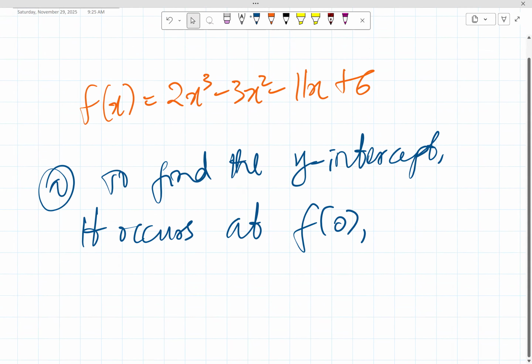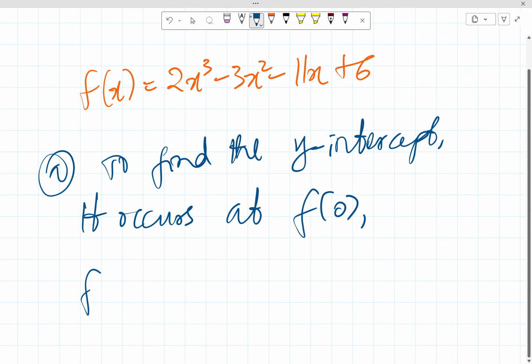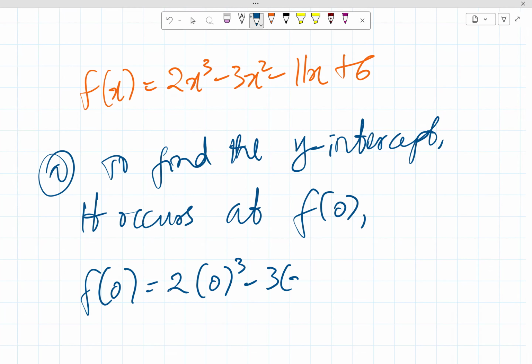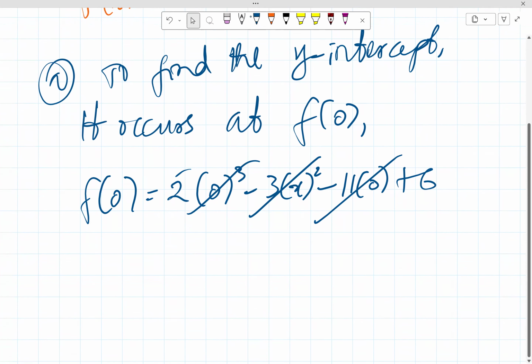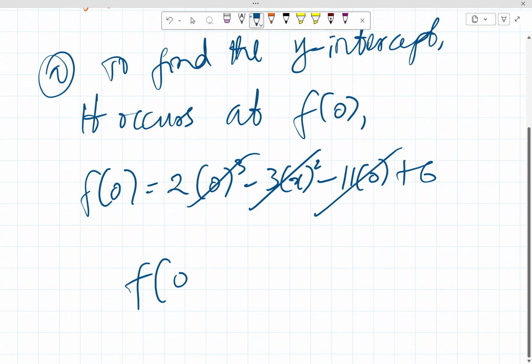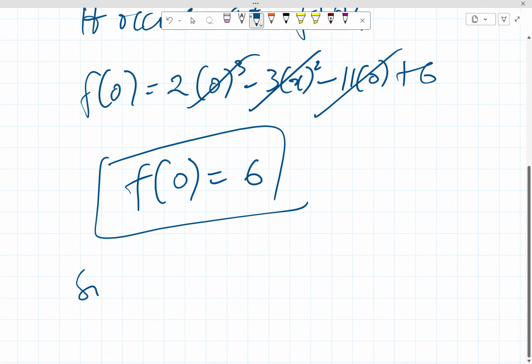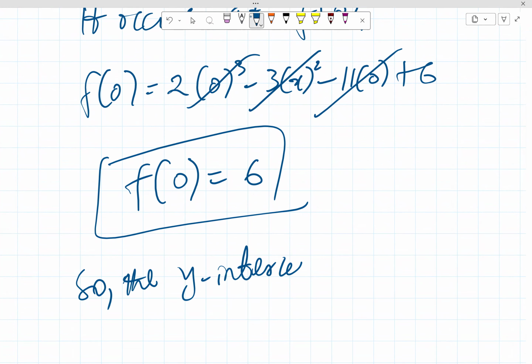So f of 0 equals 2 times 0 cubed minus 3 times 0 squared minus 11 times 0 plus 6. Of course, all of this is gone, so f of 0 is equal to 6. So the y-intercept is 6. So easy.